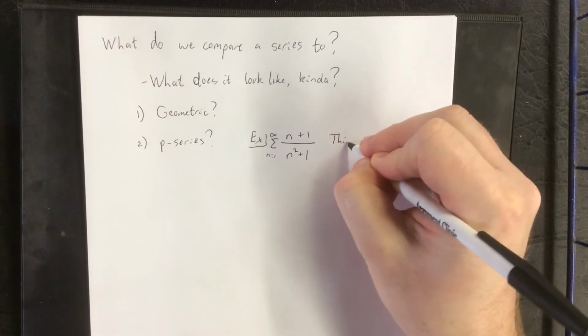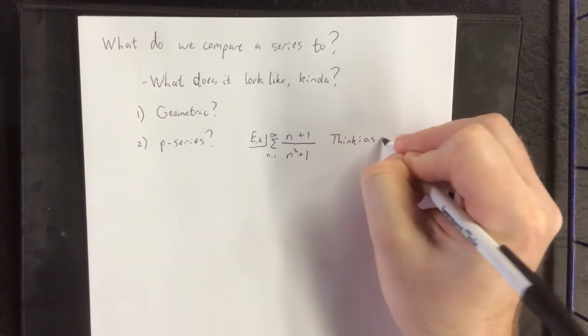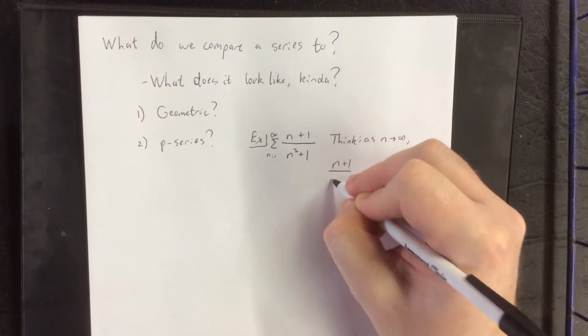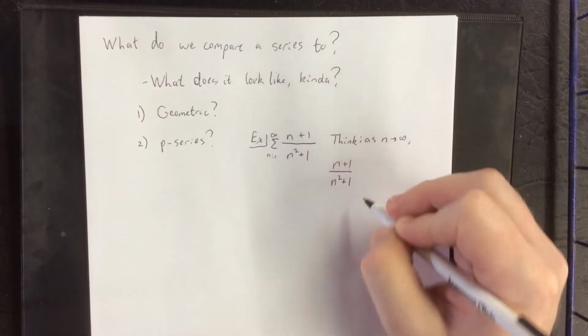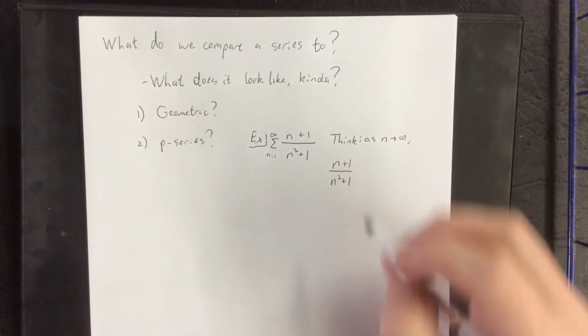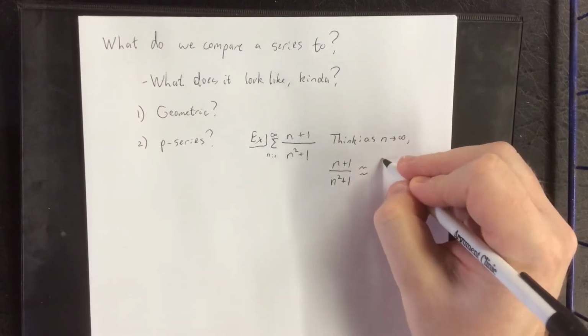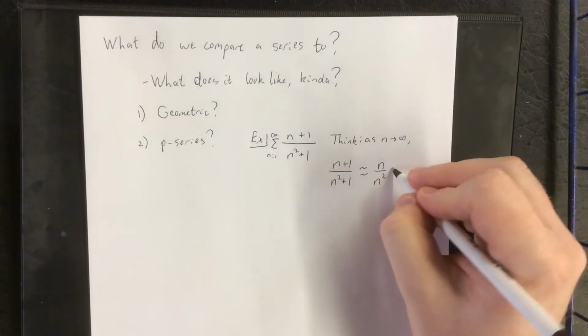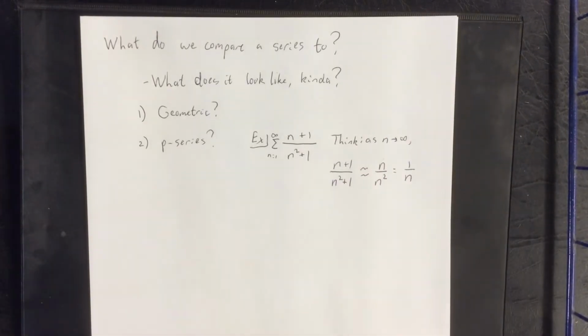You can think to yourself, as n goes to infinity, how big an influence will those plus 1s really have? Really, it starts to behave like n over n squared, which would be the same as 1 over n.